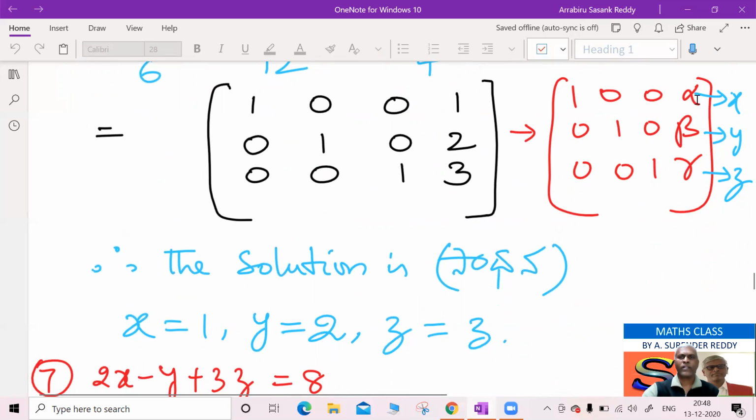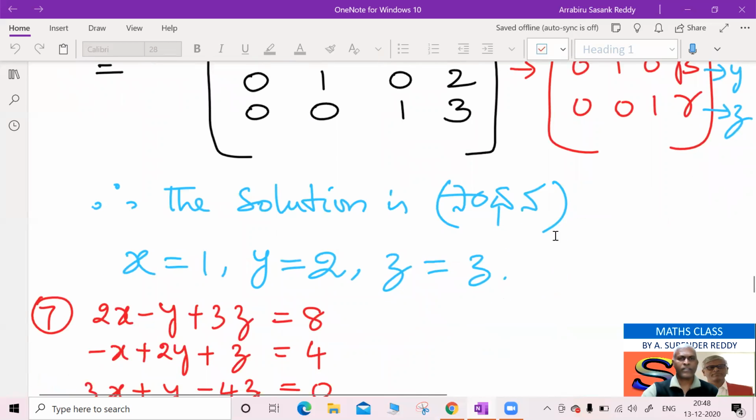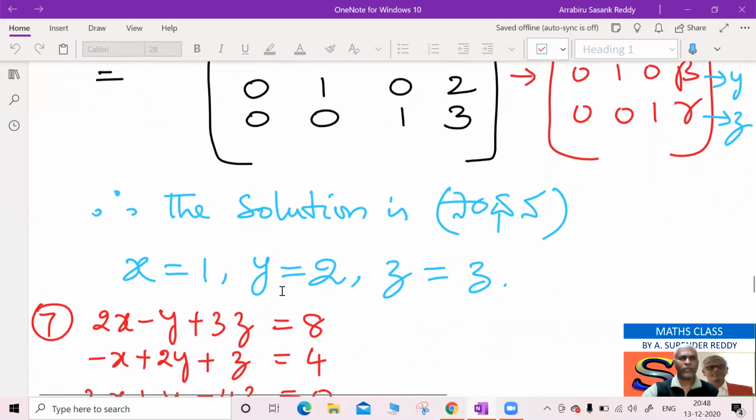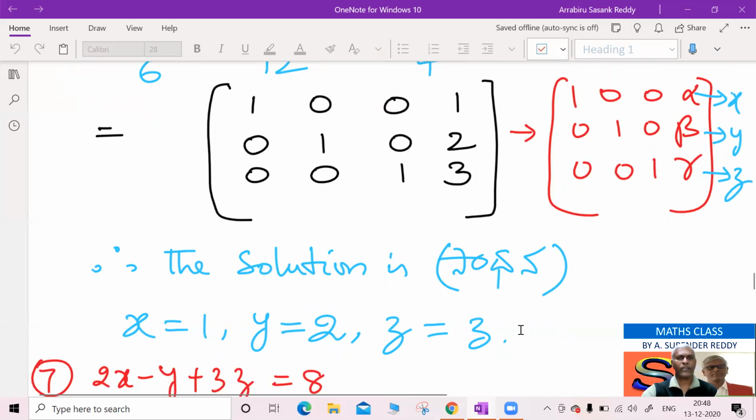Here the first value is x, second y, third z. So the solution is x value 1, y value 2, z value 3. In this way, we find the solution for the given system of simultaneous equations in the Gauss-Jordan method.